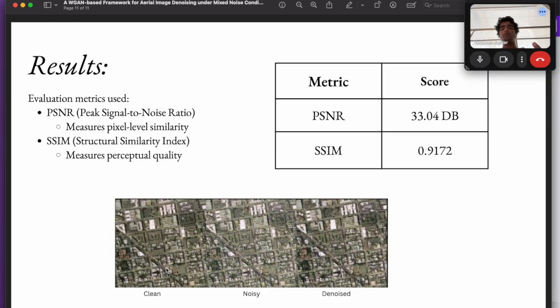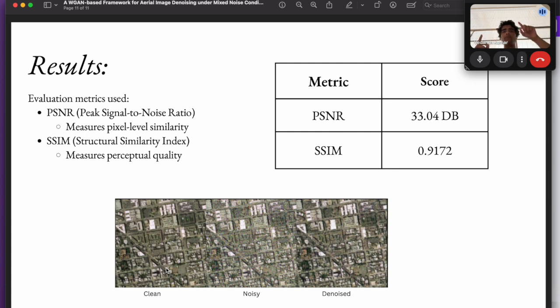So now I'm going to talk about our results. We have used two metrics which are widely used by most of the researchers working in this field of denoising, which are PSNR and SSIM. PSNR is peak signal to noise ratio and SSIM is structural similarity index. SSIM tells how much is the structural difference between my images.